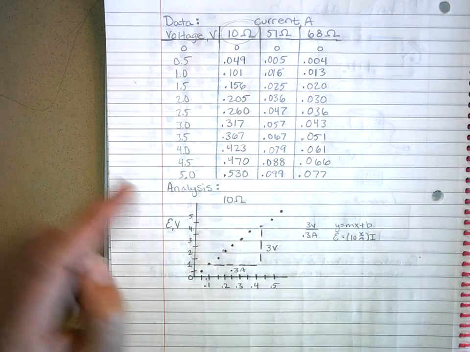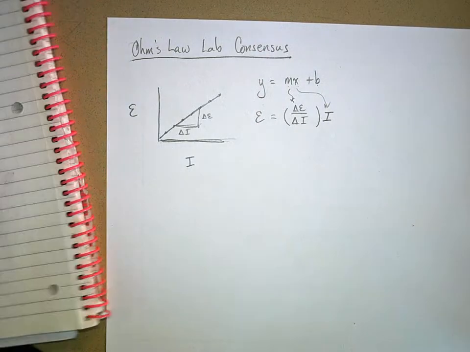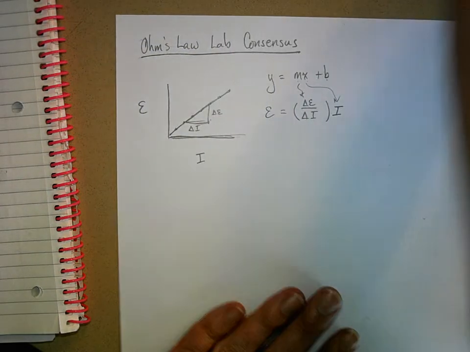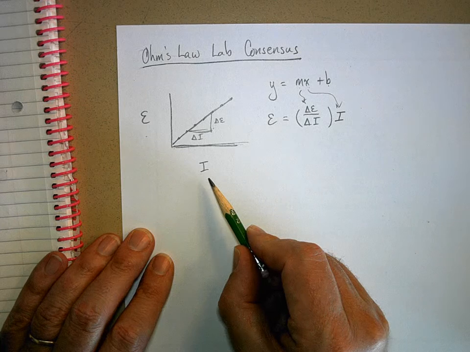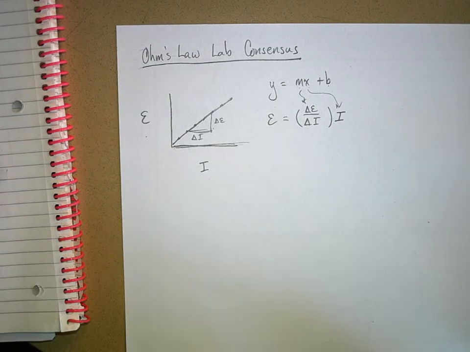What we did was we measured voltage and current for a given resistor, and what comes out is Ohm's law.